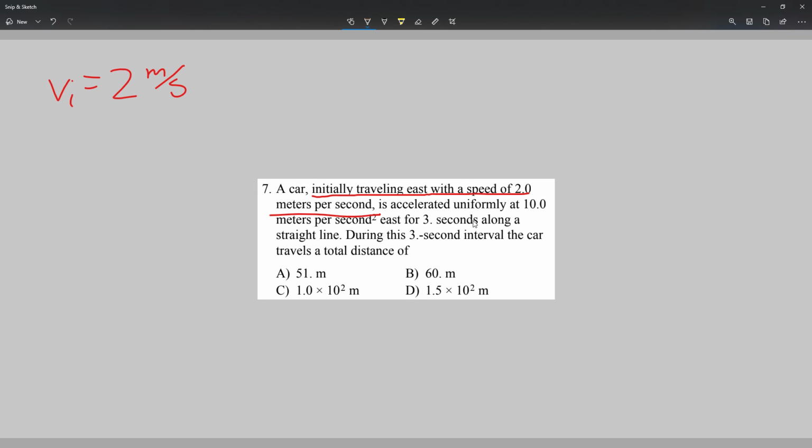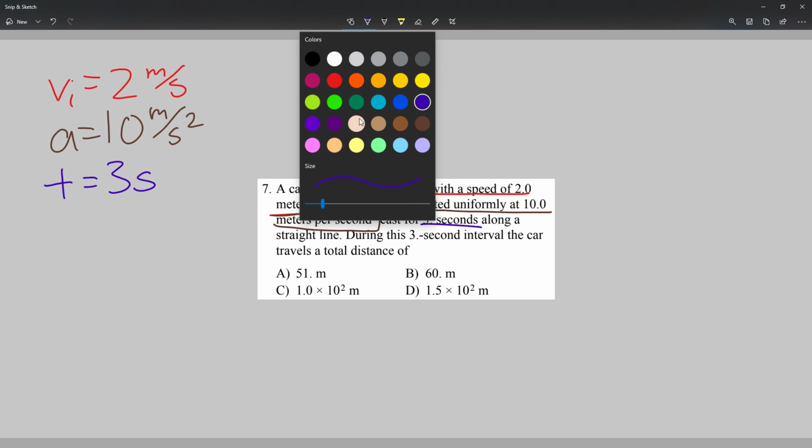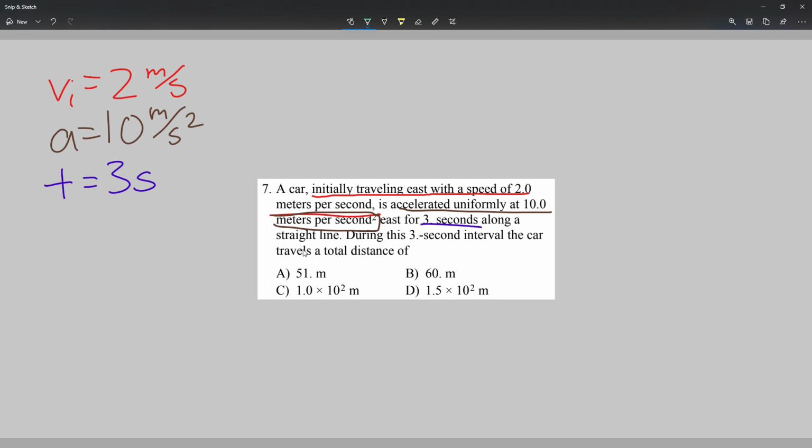Accelerate uniformly at 10 meters per second squared, because it's acceleration, as it says 10 meters per second squared, for 3 seconds. Covers the total distance of what? Again, if you want to pause before I come up with the formula, feel free to pause. See if you can try and guess the formula yourself.